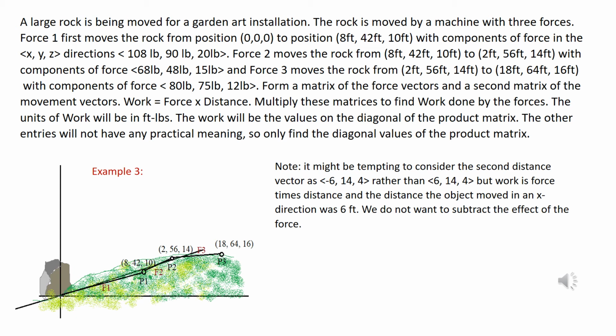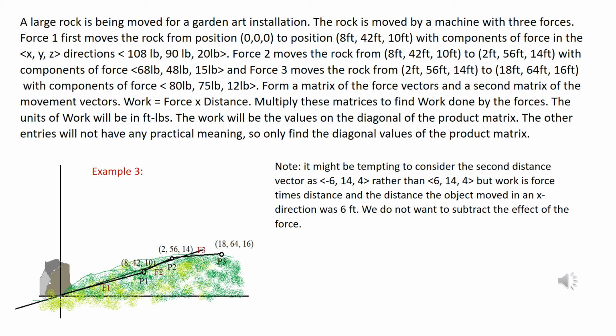Form a matrix of the force vectors, and then a second matrix of the position vectors. And in physics, the definition of work is force times distance. So in the physical world, work means force times distance. So this would be an application where we will multiply our matrices to calculate work.